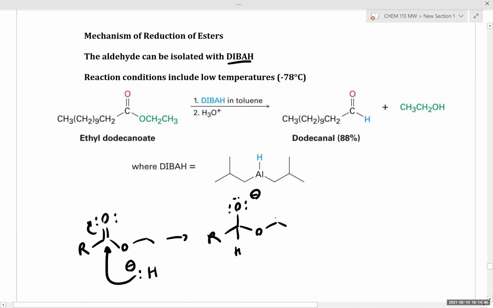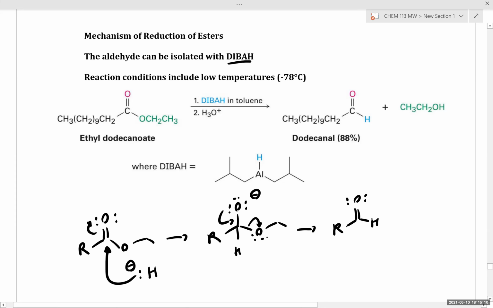Practically, DIBAL reductions are a little finicky, and as a result, you often see people prepare aldehydes via oxidation rather than direct reduction of esters. Just because you have to be really careful with your equivalents, with your temperature control, and sometimes it requires a little bit of optimization.